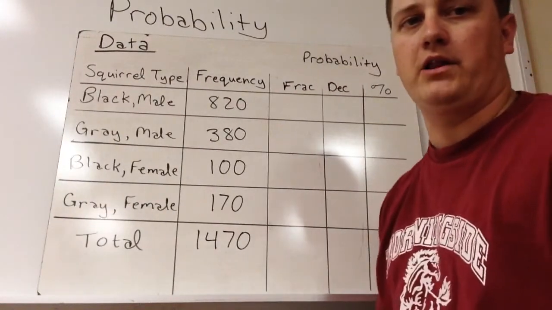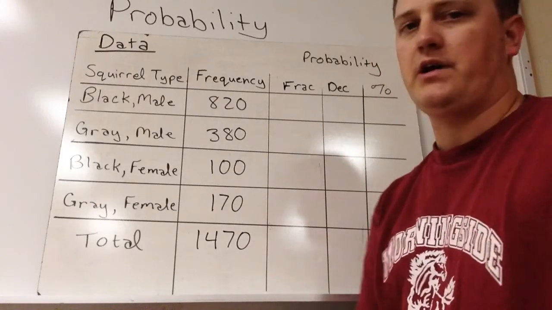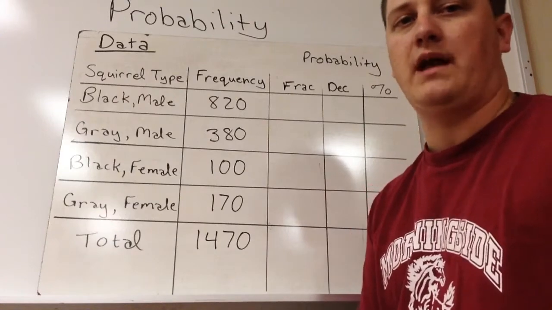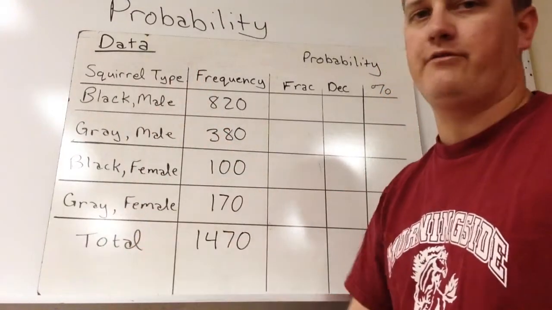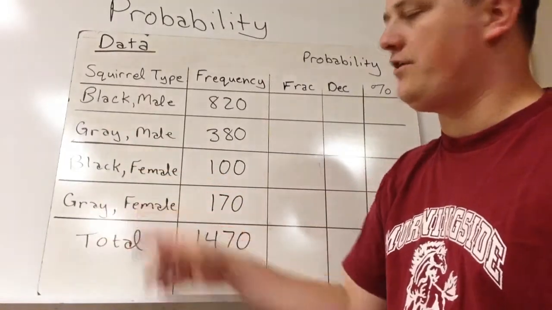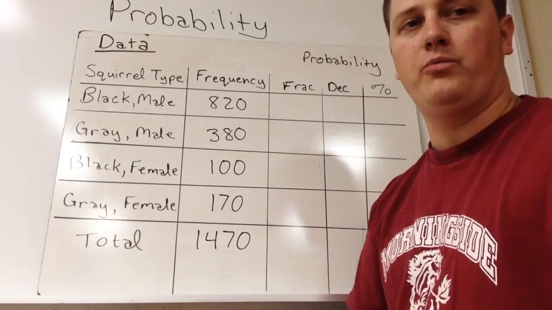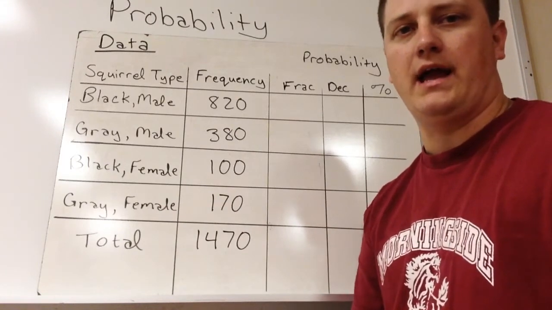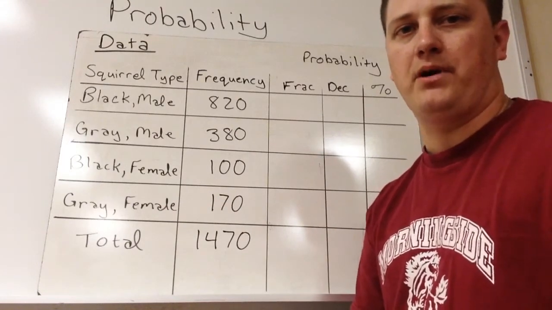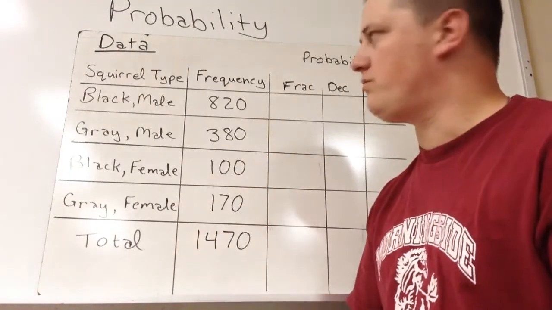So here I'm going to look at just the basics of probability. What we're talking about here is types of squirrels. So I have 4 different types of squirrels: a black male, a gray male, a black female, and a gray female. And what happened is a group caught and checked a bunch of squirrels that they saw, and these were the numbers they got.